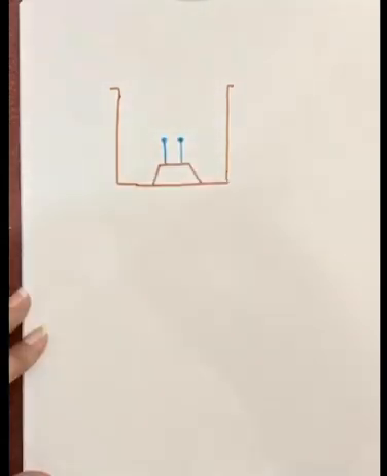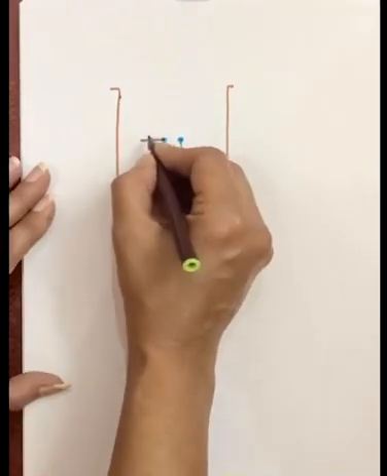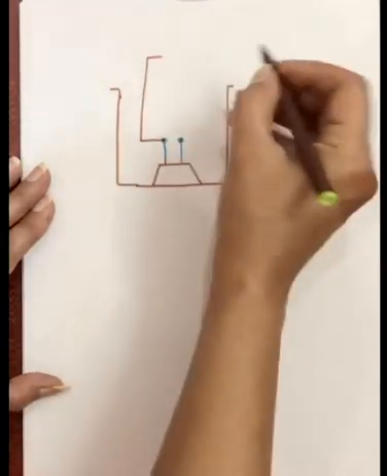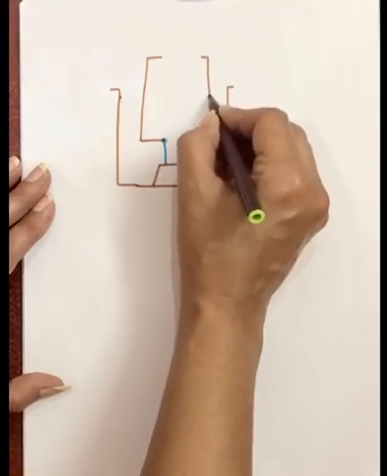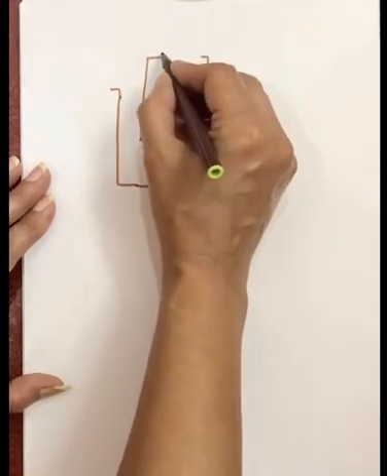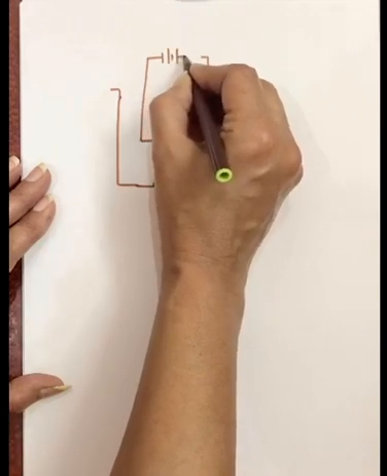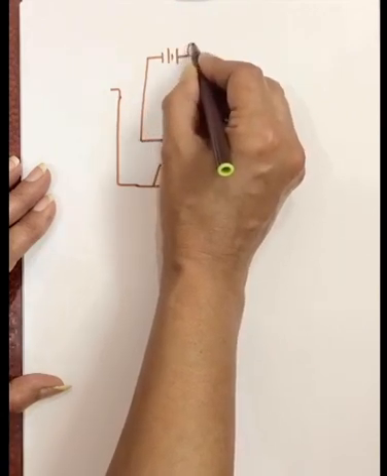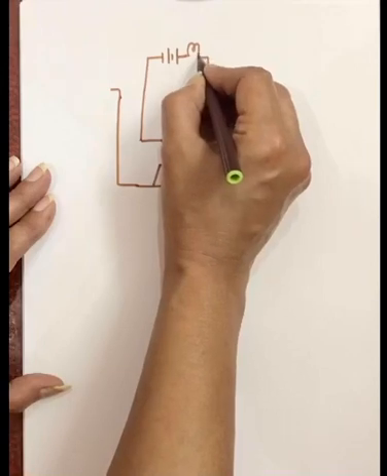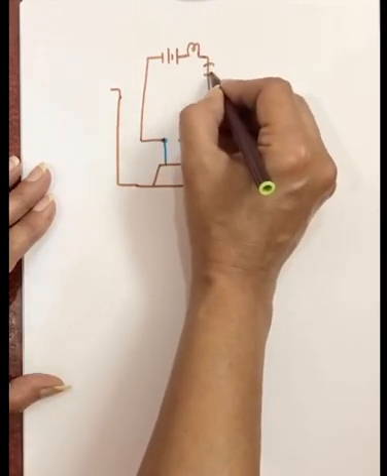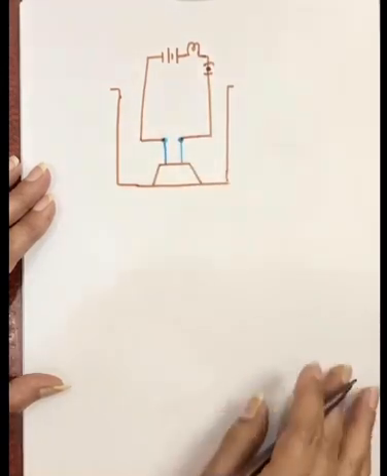And these nails we are connecting with the battery. And the battery that we are taking is just a 6-volt battery. And there should be a bulb also here. Along with this, there should be a switch also to pass on the current.